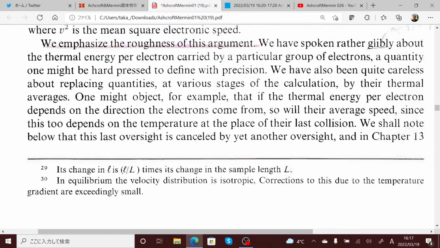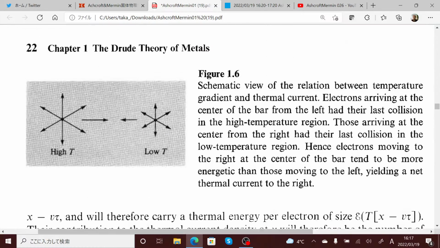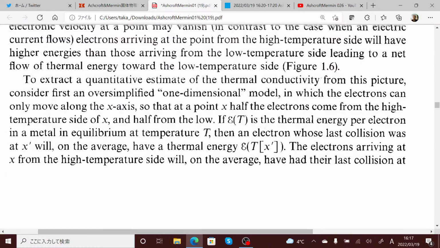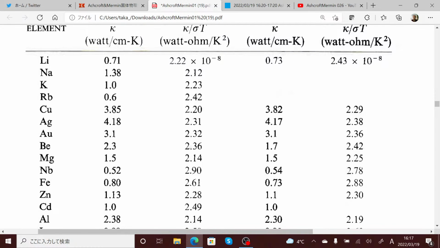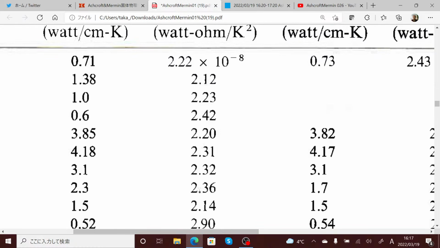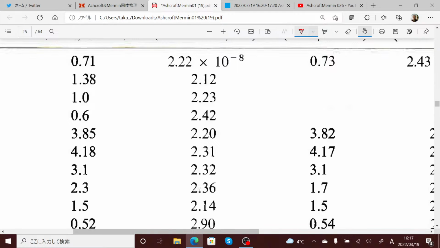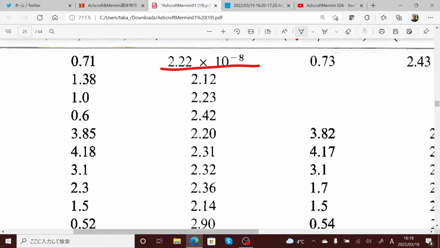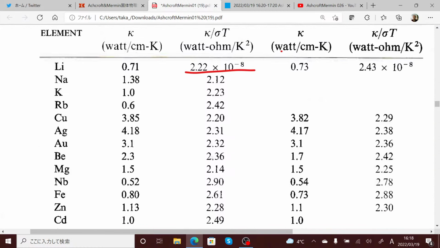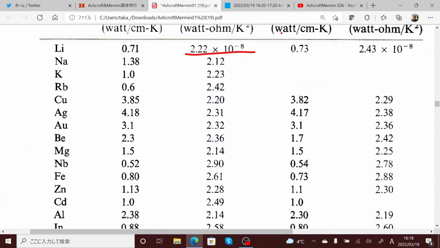Drude found the value 2.22 by mistaking a factor of 2.